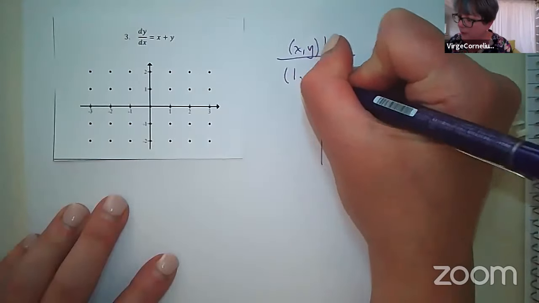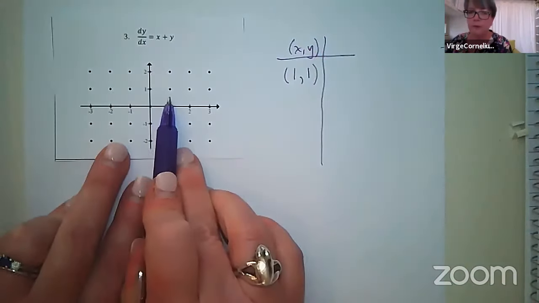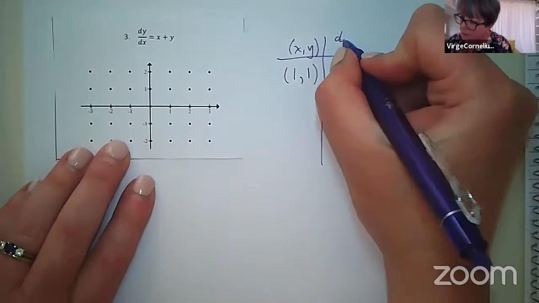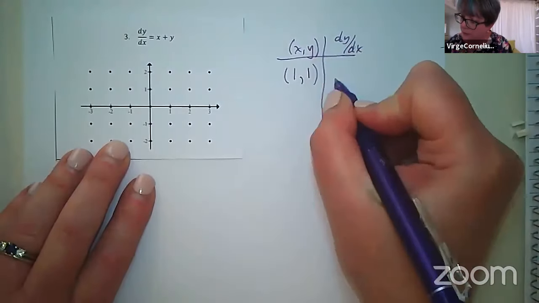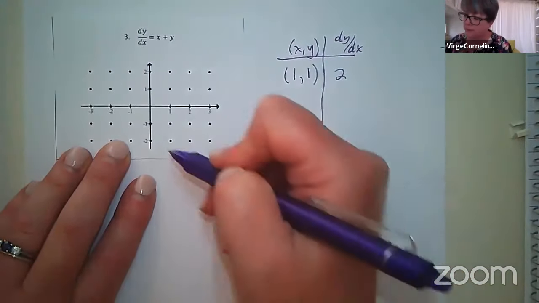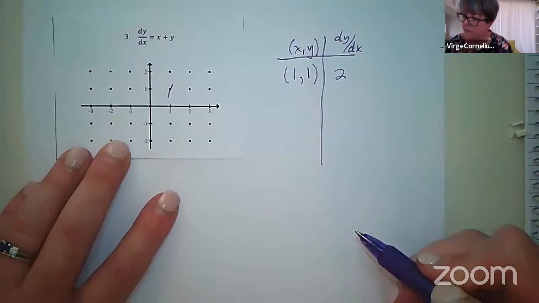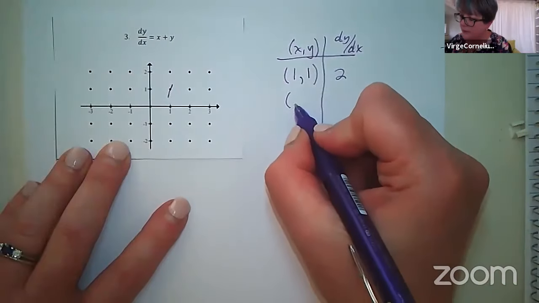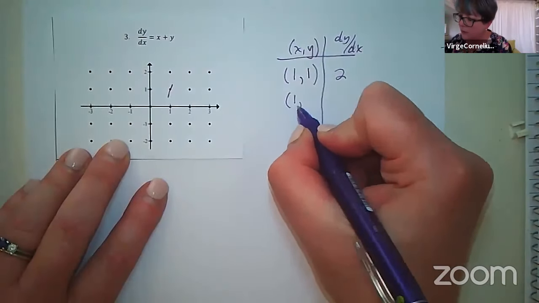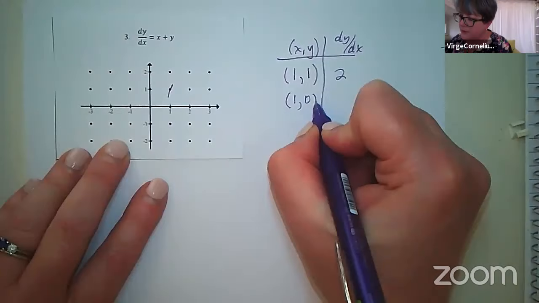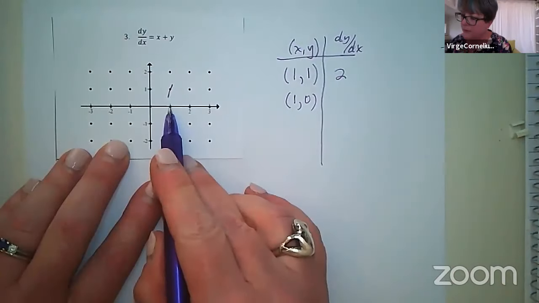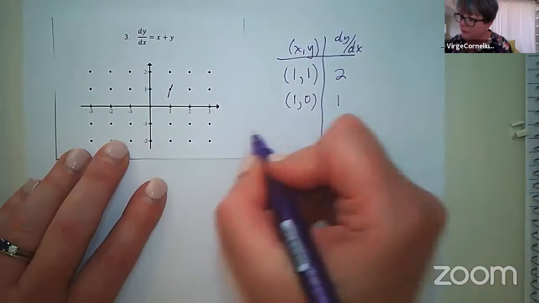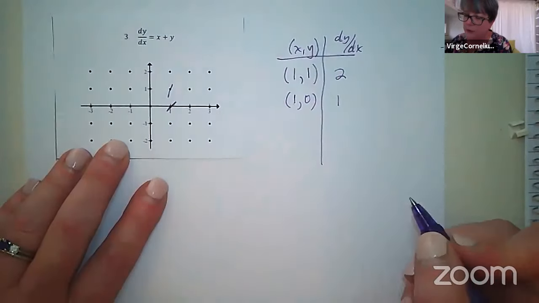So at 1, 1, for example, this point right here, my slope would be 1 plus 1, which would be 2. And then at 1, 0, which would be right here, my slope would be 1 plus 0, which would be 1. There goes my 45-degree angle again.